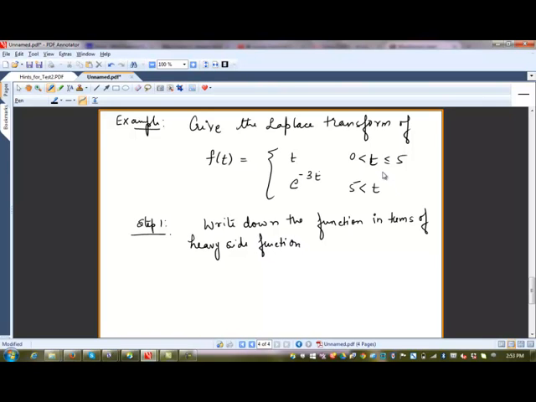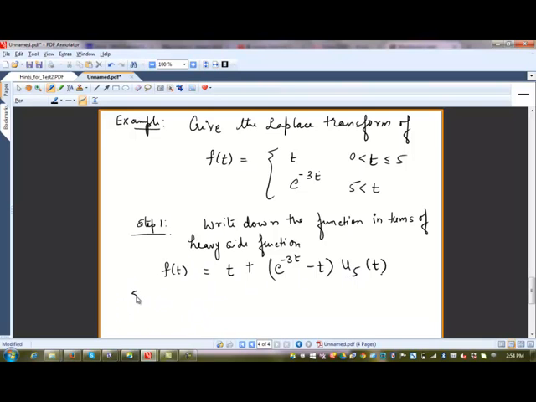The switch will be u_5 here. So f(t) should be t plus (e to the power minus 3t minus t) times u_5(t). That should be my function in terms of the Heaviside function. So t always contributes, and then to balance out we subtract t. Okay, so this is the function.